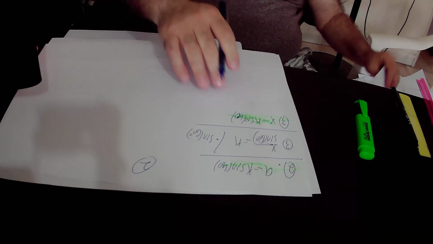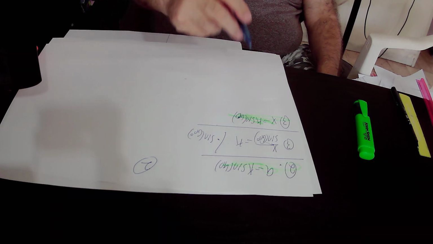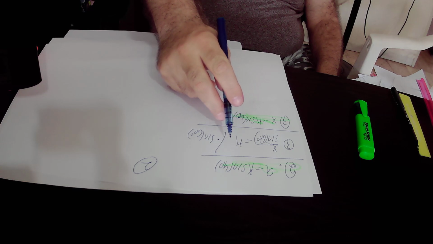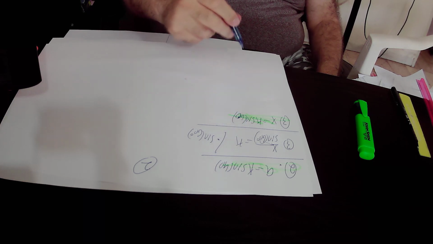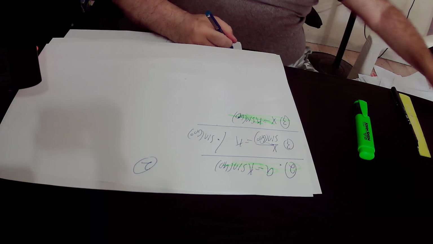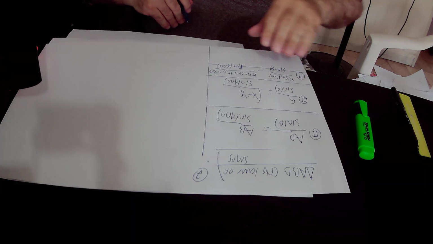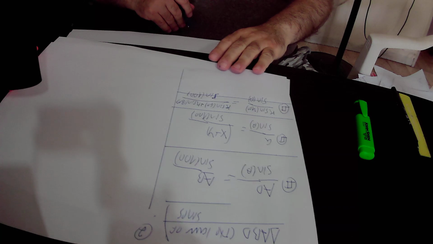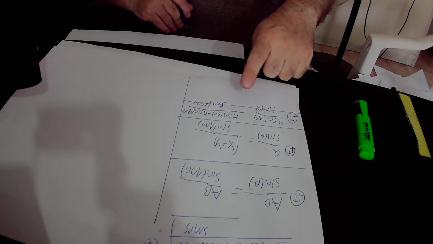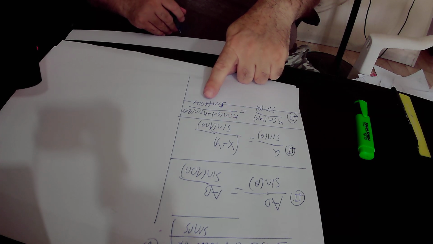And we also found out that A equals k times sine 40 degrees, therefore we substitute A by k times sine 40 degrees. So here we substitute A by k times sine 40 degrees, we substitute x by k times sine 60 degrees, and we substitute y by k times sine 80 degrees.